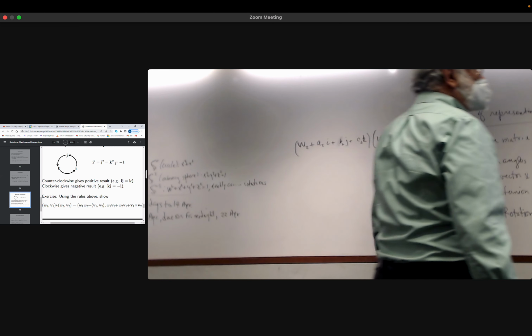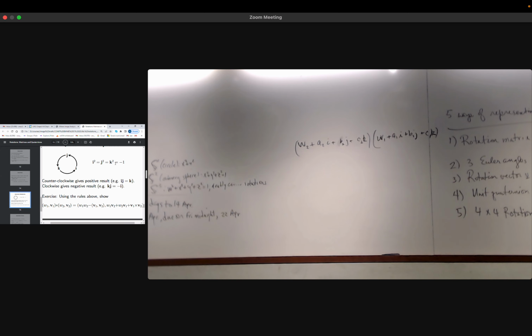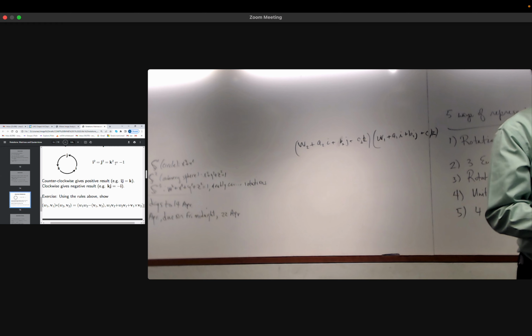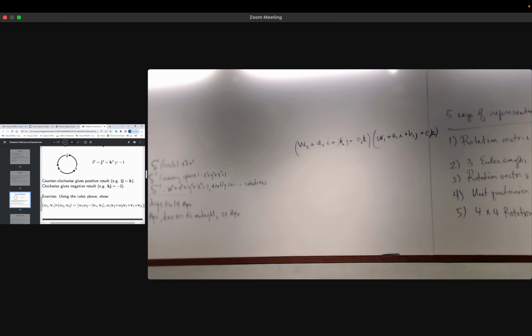And it turns out that you can prove this result on the bottom. If you have a W1 and the last three entries in the quaternion are V1, it's an ordinary 3-vector.